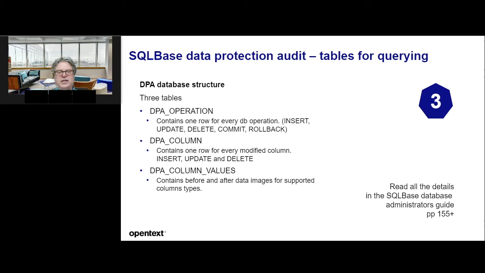DPA column contains 1 row for every modified column with an insert, update, and delete statement. And DPA column values contains the before and after data images for supported column types. All the details can be found in the SQLBase Database Administrator's Guide at page 155 plus.